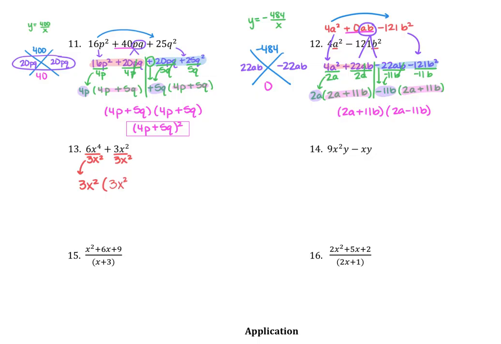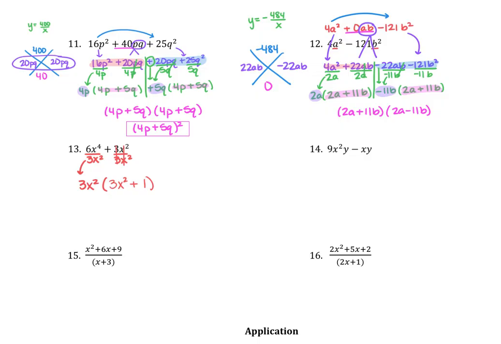For my second term, I have 3 divided by 3, which gives me 1. I don't need a coefficient of 1. And x squared divided by x squared gives me 1. Now I do have to have a term there, and since both of them cancel out to a 1, I'm just going to include a 1. If I don't put that there, then when I check, I would only have a monomial when I multiply. And you can clearly see my initial expression is a binomial.